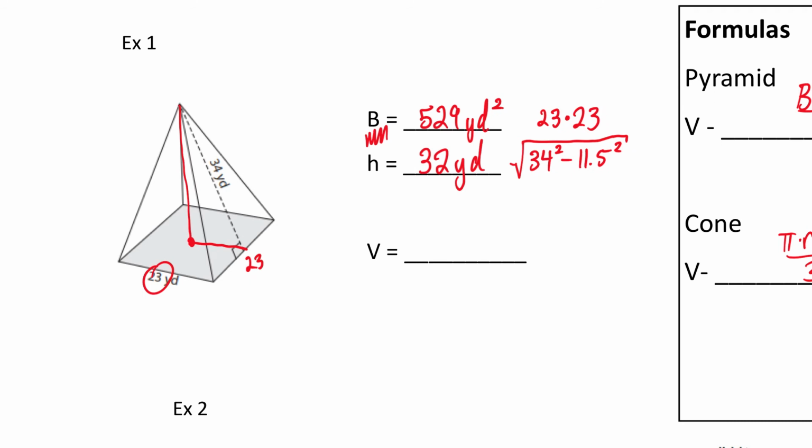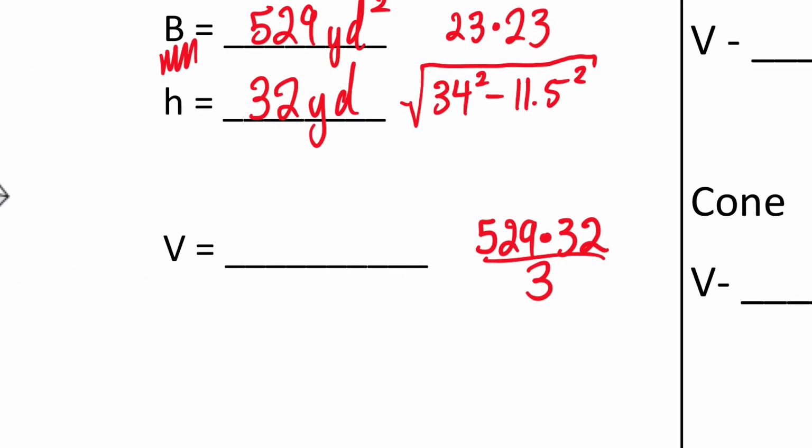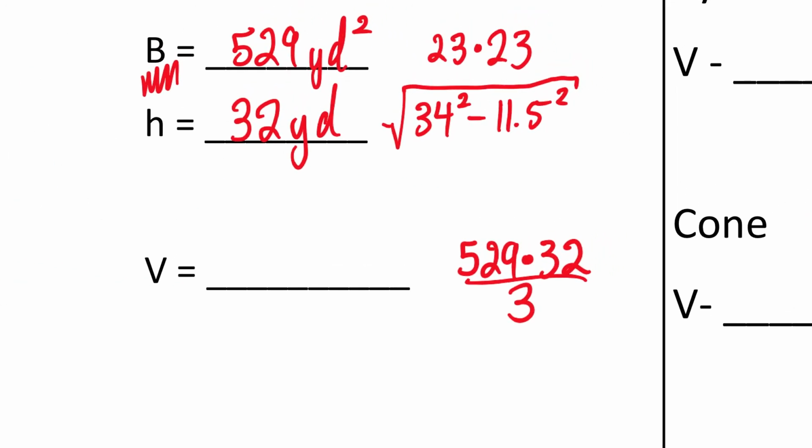So for the volume, we take the area of the base times the height divided by 3. Now be careful, because a lot of stuff we've done have been divided by 2. Here we're dividing by 3, so it's easy to make the mistake of dividing by 2. But make sure you're dividing by 3 on the volume of this pyramid.